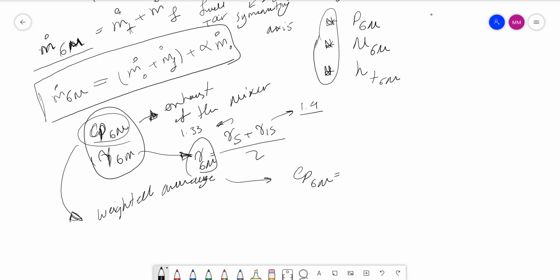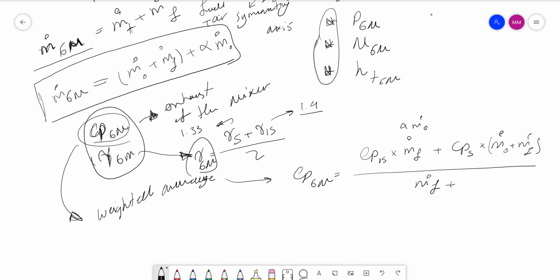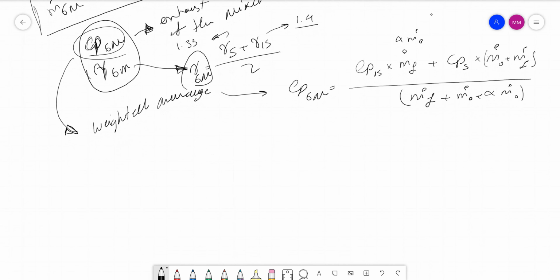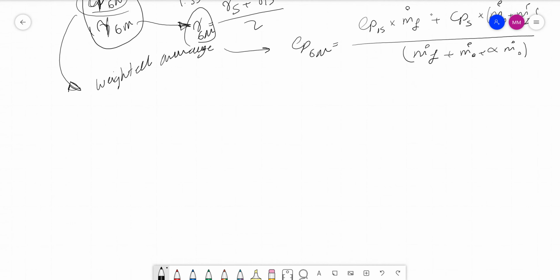Hopefully you know, but just to remind you, it's going to be CP at station 15 multiplied by m dot of the fan, which is alpha m dot naught, and CP at station 5 multiplied by m dot of the turbine, which is m dot naught plus m dot f, divided by m dot f plus m dot naught plus alpha m dot naught, which is going to be your total mass. Okay.